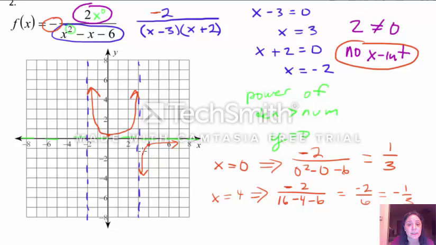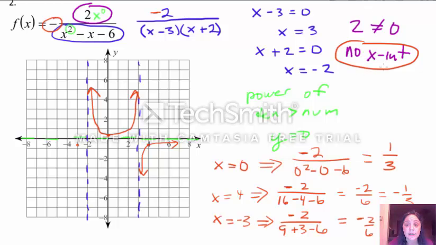I still need this other side. I expect it to mirror this side, but let's just check a point over here. I can try negative 3. That is going to give me negative 2 over negative 3 squared, which is 9, minus negative 3, which is plus 3, minus 6. 9 plus 3 is 12, minus 6 is 6, and that's going to be negative 2 over 6, which is negative 1/3, and so it's going to be right around here, a nice mirror.